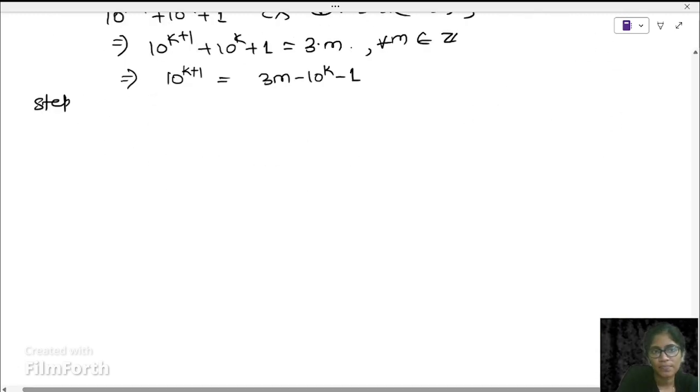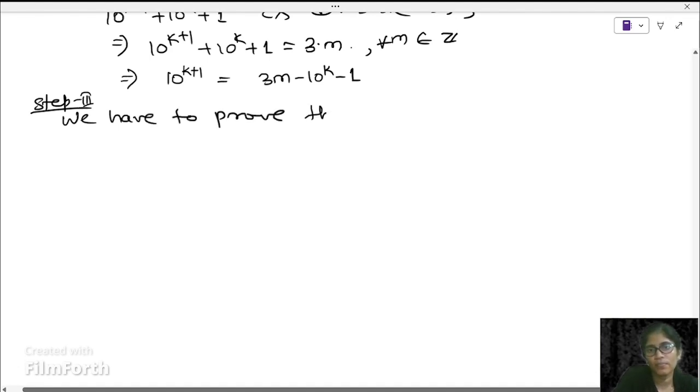Now, step 3. In step 3, we have to prove that Pk plus 1 is true.